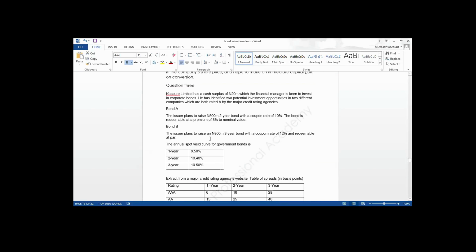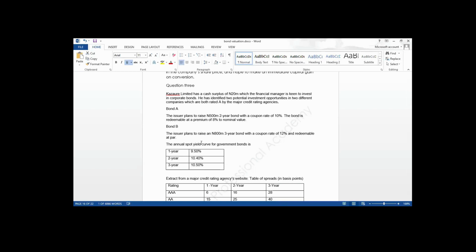The issuer plans to raise 800 million, a 3-year bond with a coupon rate of 12% and redeemable at par. Now, please itemize the features of bond B. What is the maturity?